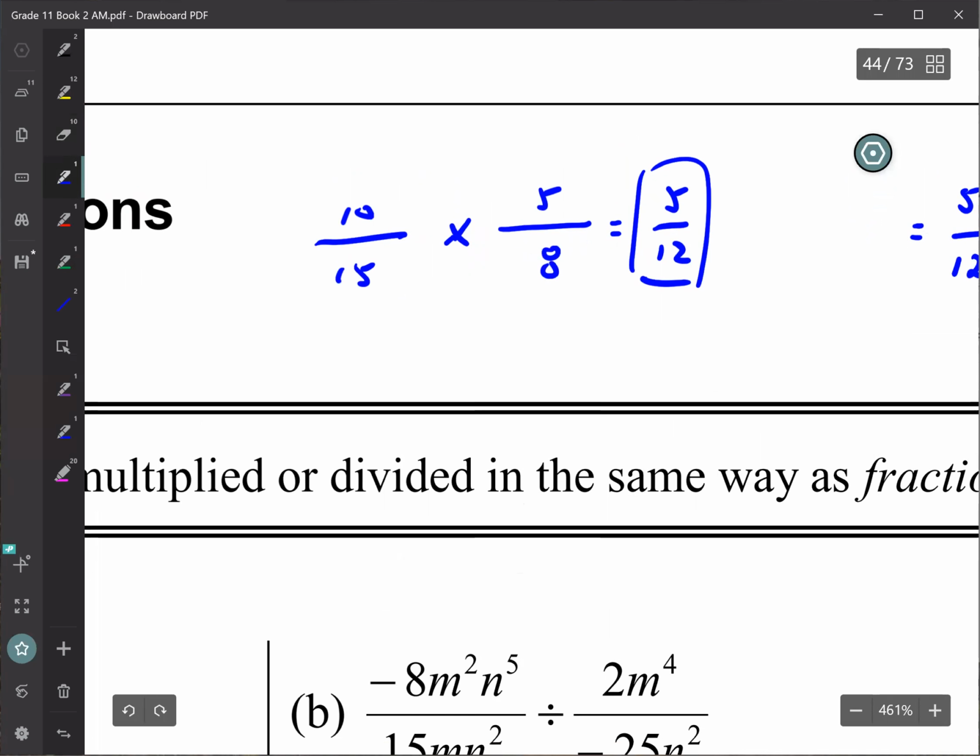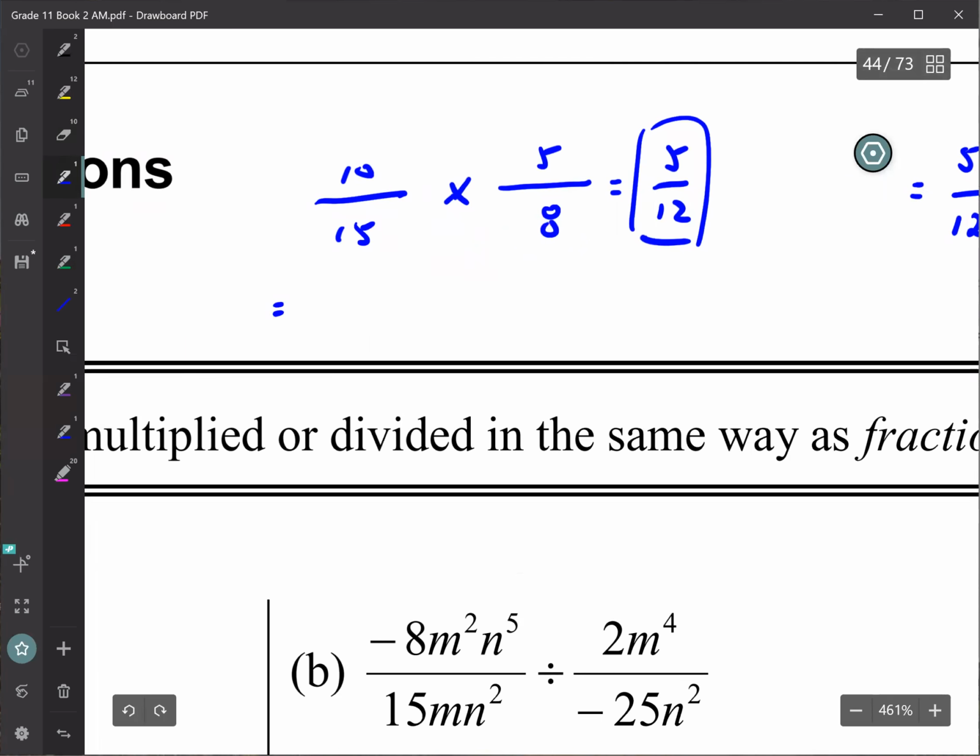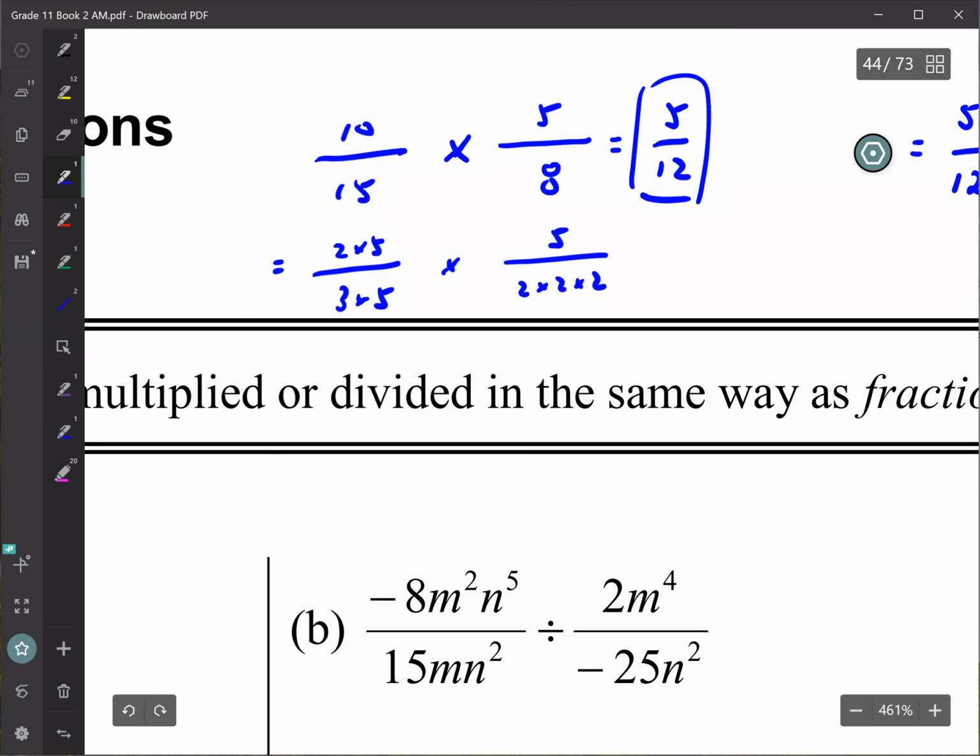So what actually happened is, like Aaron said, we turned the 10 into 2 and 5, 15 into 3 and 5, and the 8 can go into 2 and 2 and 2. So all these are factors, right? Parts are separated by multiplying.